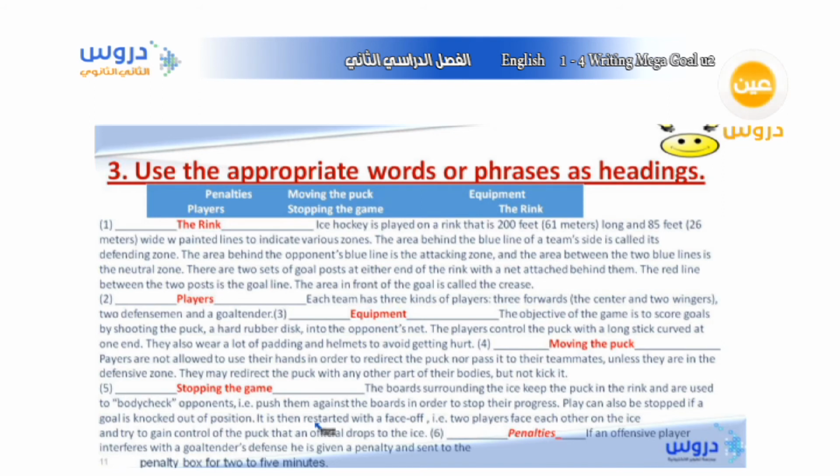Number 5, stopping the game. Here you can find a word stop. So you can use this phrase, stopping the game. The last one, penalties. You can find penalty. Circle this word, penalty, and you can use penalties.